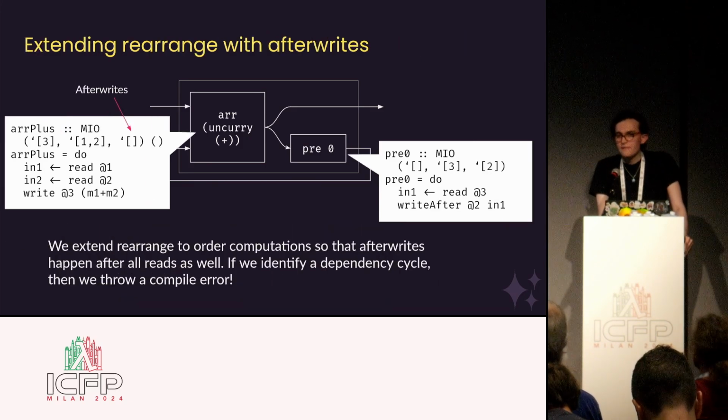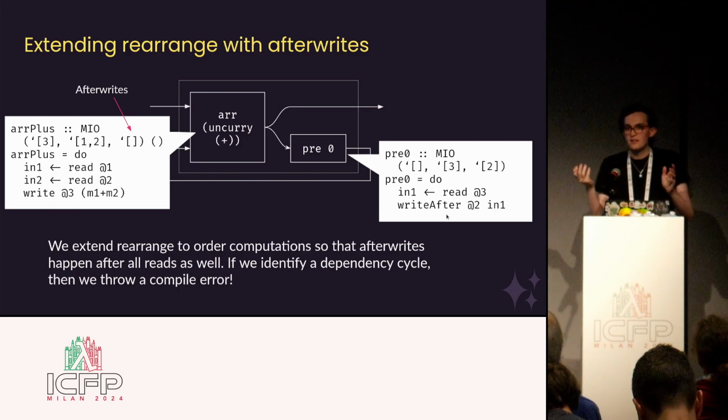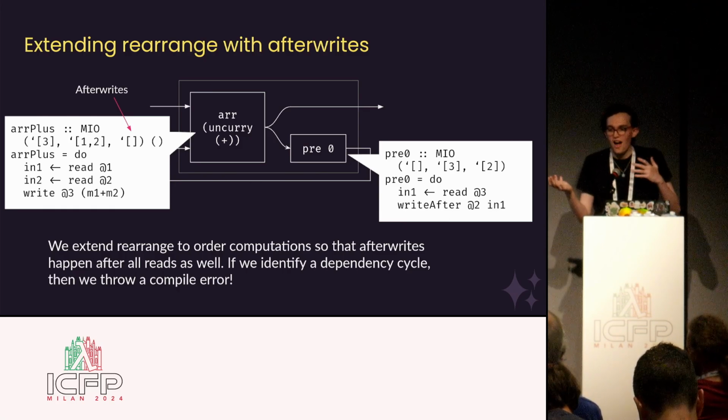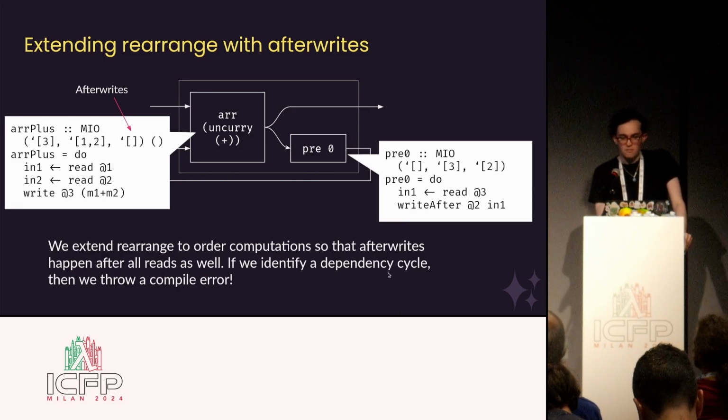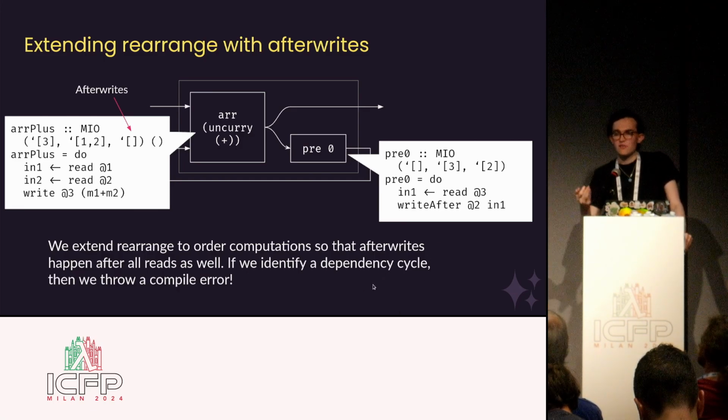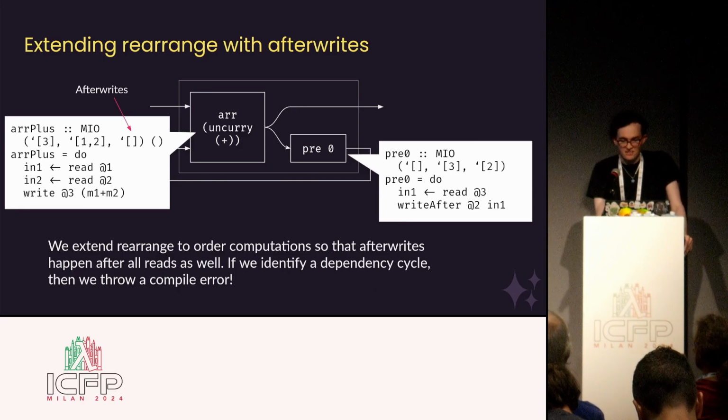We've added a third entry for after writes into our types. We've added this write after function for specifying these after writes, and we extend this ordering mechanism so that these after writes happen, well, after reads. And in the same vein as with rearrange, if we see a dependency cycle due to these dependencies, we throw a compile time error. Nice.